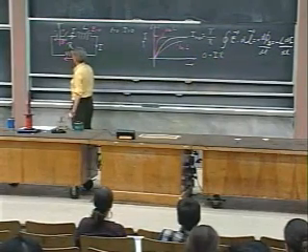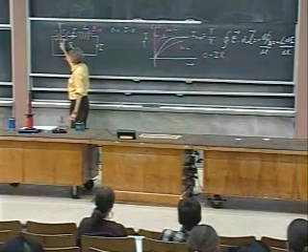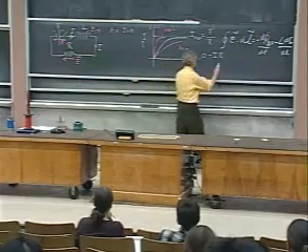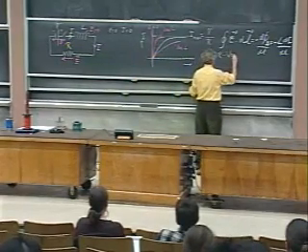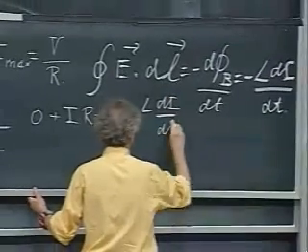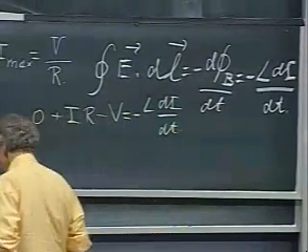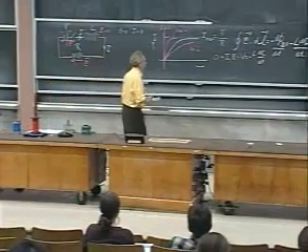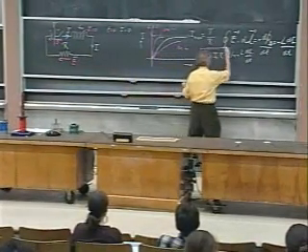Ohm's law tells me it's IR. In the battery, I go against the electric field, and so I get minus V. That now equals minus L dI dt. And this is the only sane and the only correct way to apply Faraday's law in this circuit.